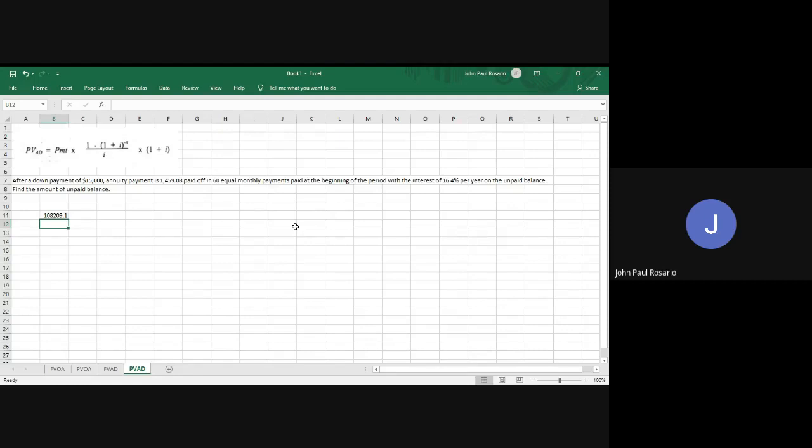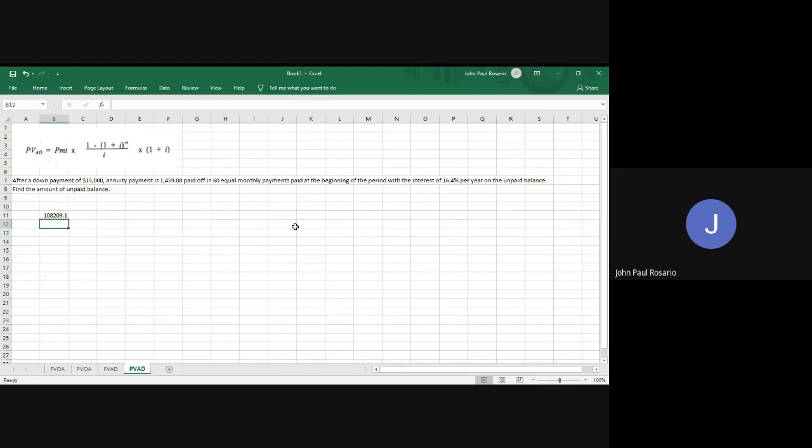By the way, what's the difference between the future value and the present value? Anyone? The difference is that for future value, your clue is from nothing to something.